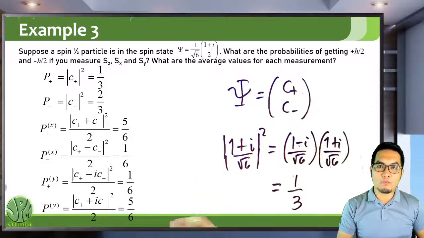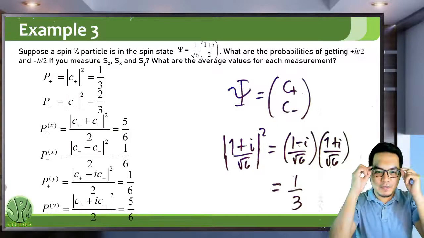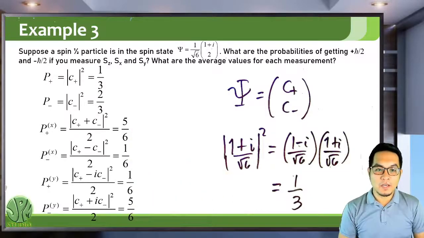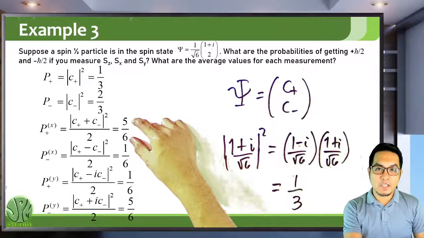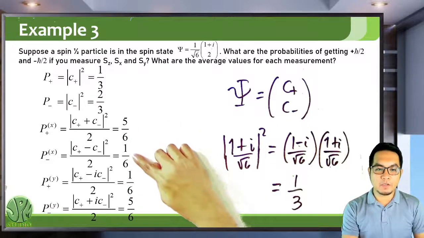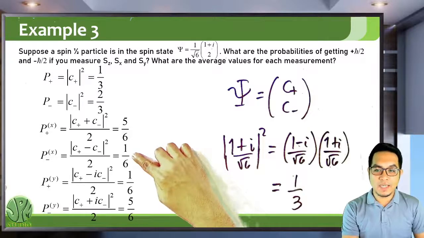So most of the time, you will get positive h bar over 2, and less of the time, you will get the negative eigenvalue, negative h bar over 2. That's what these probabilities mean. So positive h bar over 2 has a higher probability of occurring as compared to negative h bar over 2, which is only a probability of 1/6.